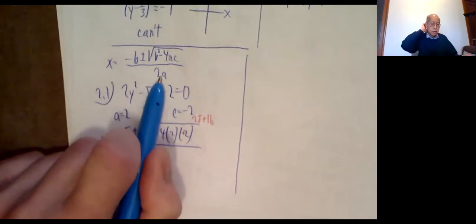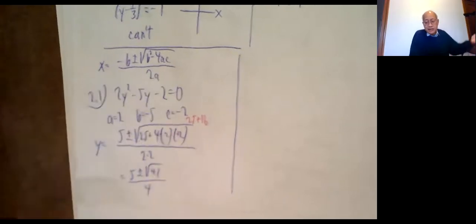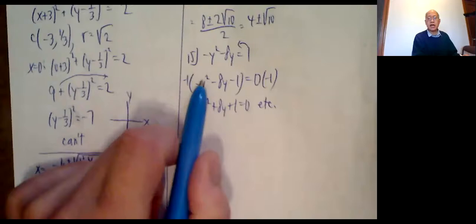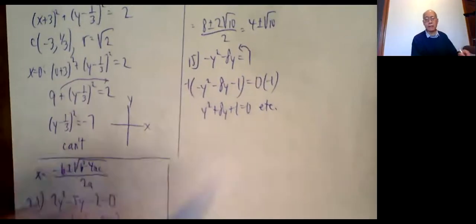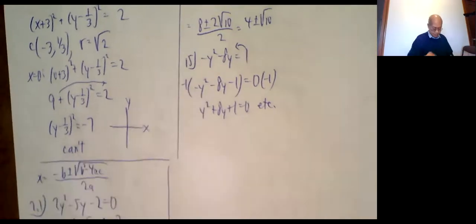There's an A right there and an A right there. I don't want to plug in two negatives, I'd rather plug in two positives. So let's say this ever came out to be -2y squared. I would immediately multiply by -1 to get a positive 2y squared. It just makes the problem much easier.